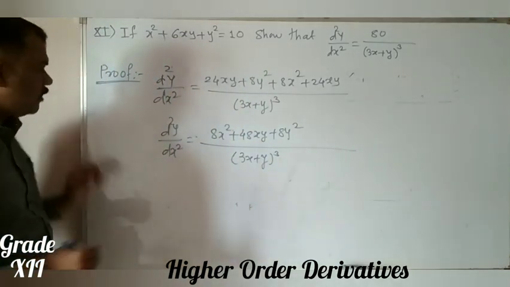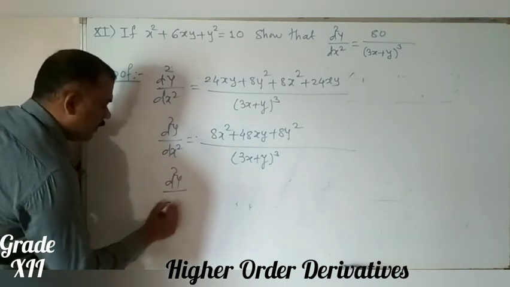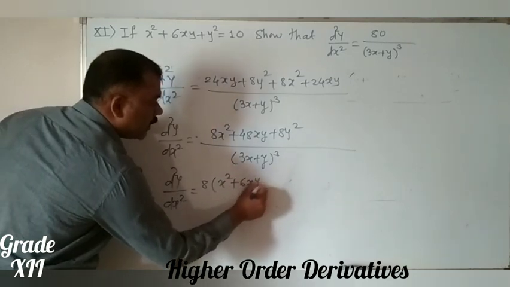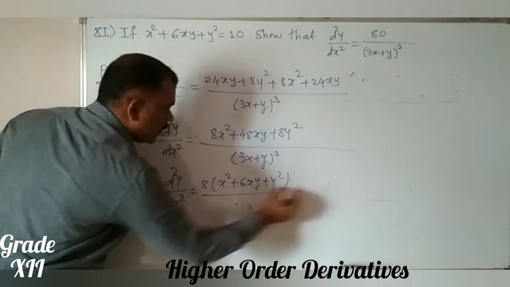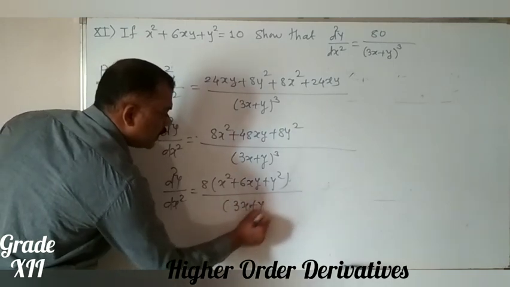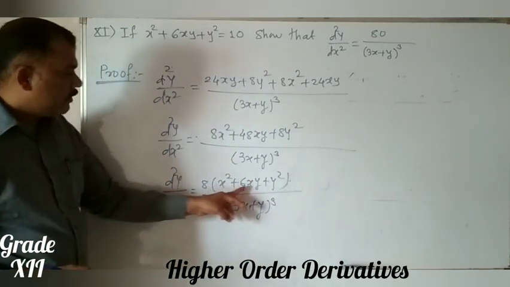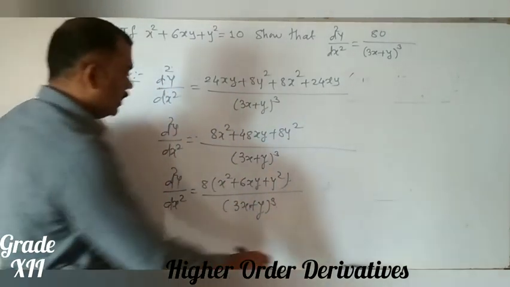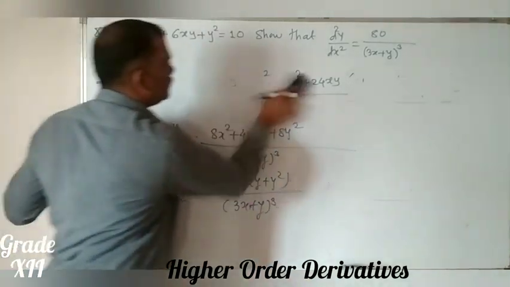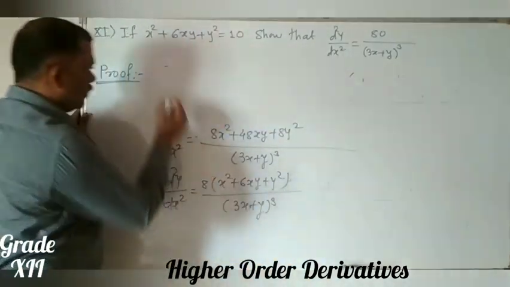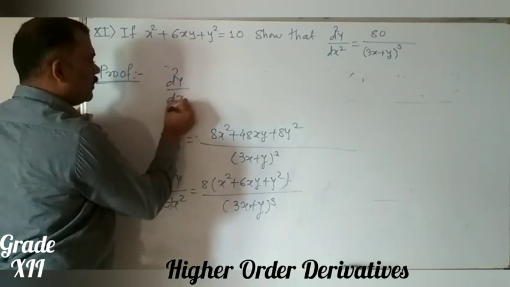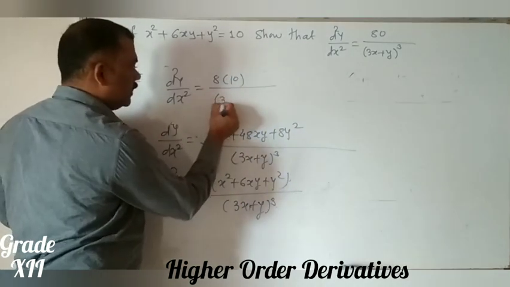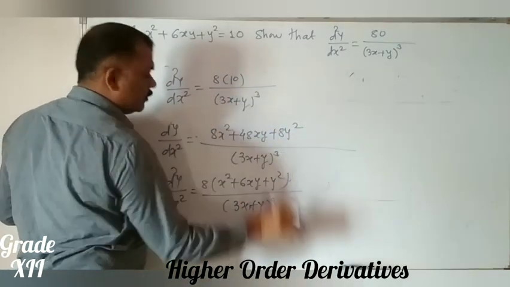From this we take the 8 common, so d2y by dx square is equal to 8 into (x square plus 6xy plus y square) divided by (3x plus y) whole cube. What is the value of x square plus 6xy plus y square? It is nothing but 10, so we can write d2y by dx square is equal to 8 into 10 divided by (3x plus y) whole cube.